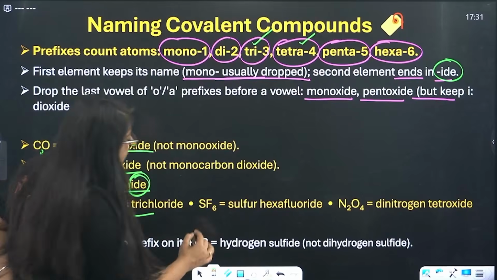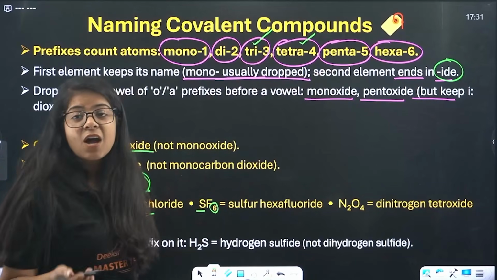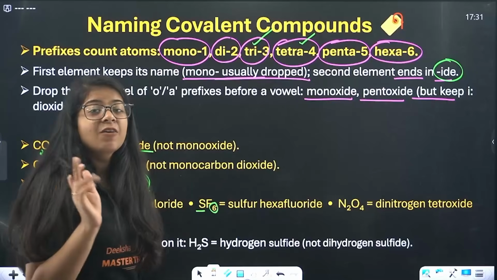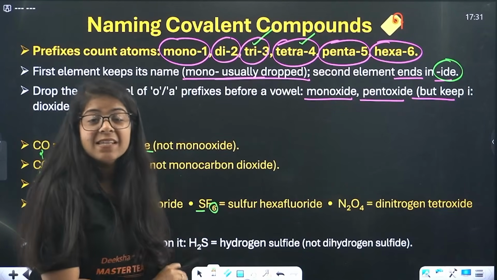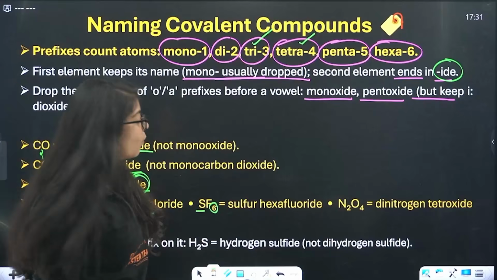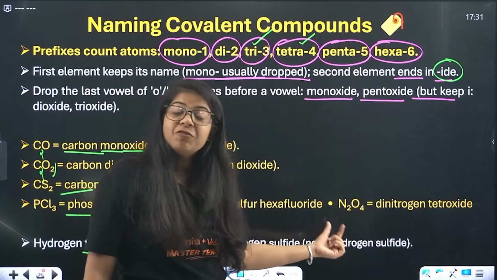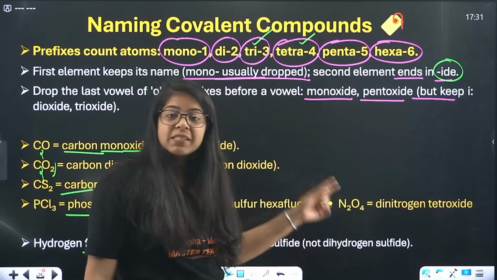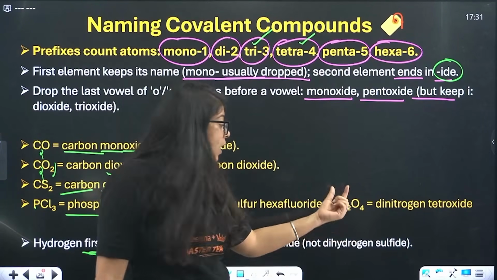What are these? Sulfur 6. 6 is hexa. Hexafluoride. The second word ends with ide. Sulfur hexafluoride. What is this? N2O4. Dinitrogen. So in the starting, if 2 is there, we are using di. But single, we won't use mono. But di, we use.